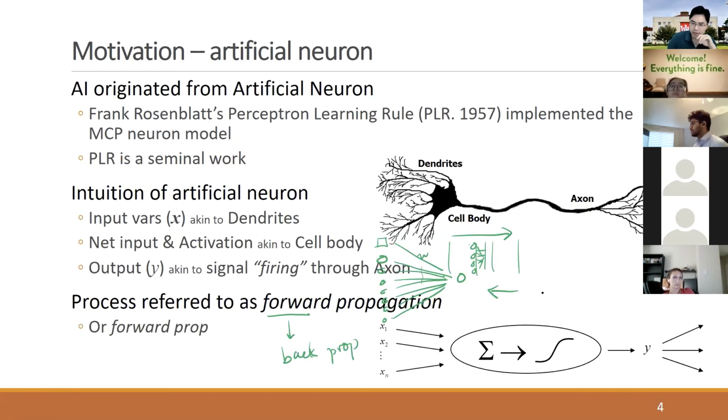A critical feature here about the perceptron learning rule. This is not the Adeline yet. This is the original model of perceptron neuron. A critical feature here is the nonlinear threshold function to fire the signal.